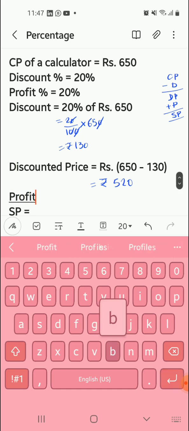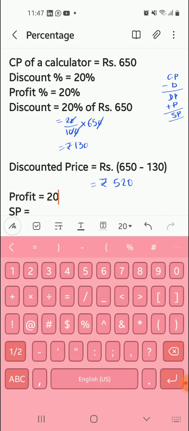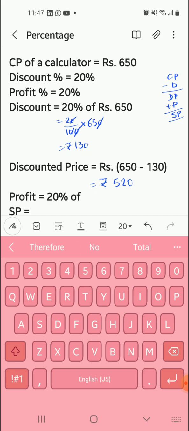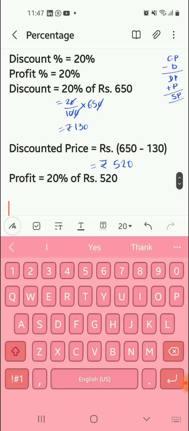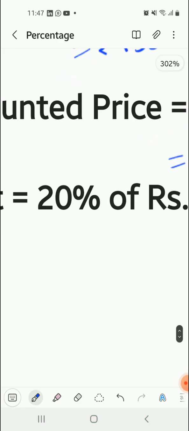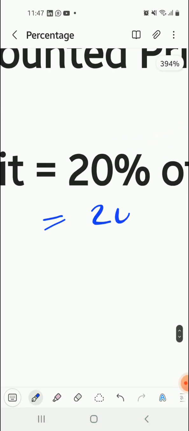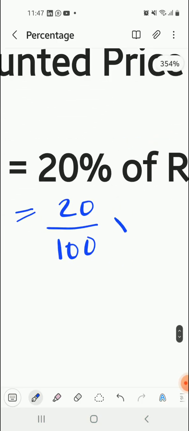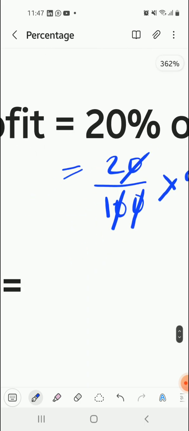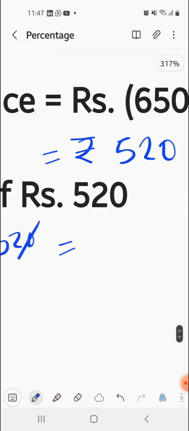So profit over here will be equal to 20% of rupees 520. This comes to rupees 104.